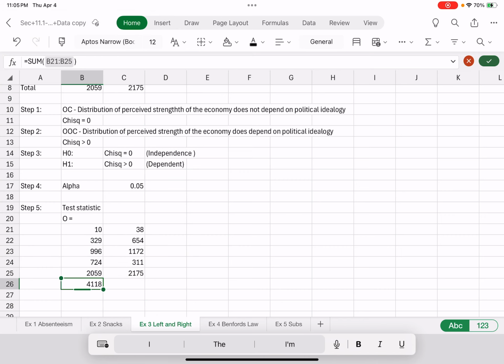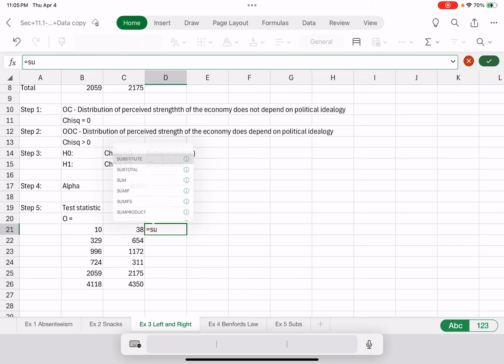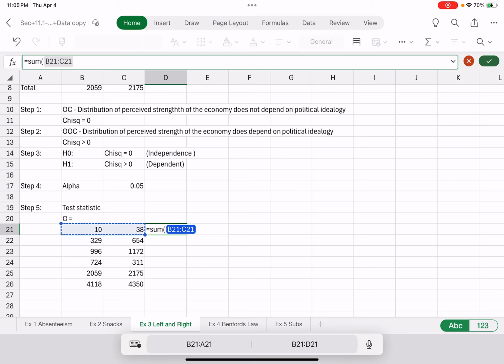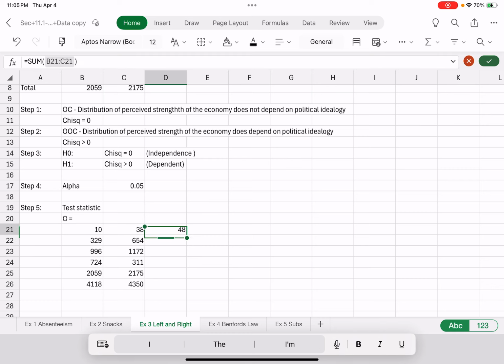Enter. Okay, Command C, Shift over, Command V. There's the paste. Okay, now this thing equals, I'll just go sum, this, and that. Enter. There's that. Command C, Command V.